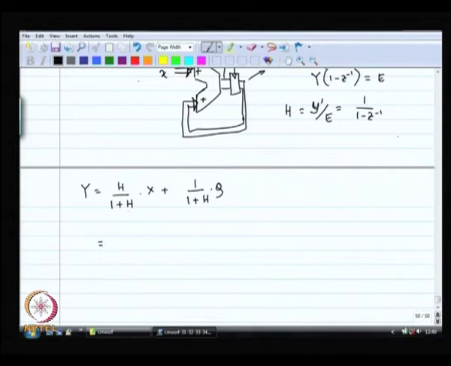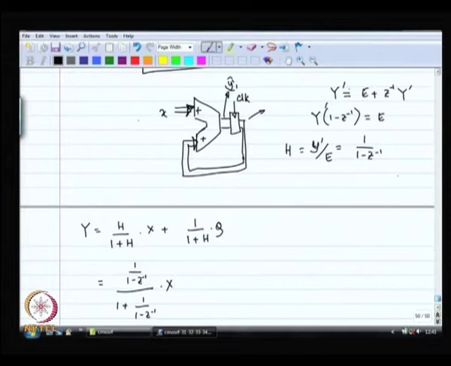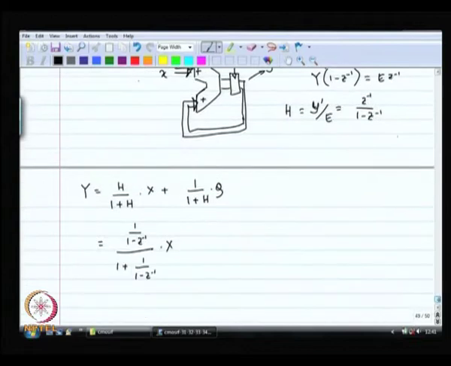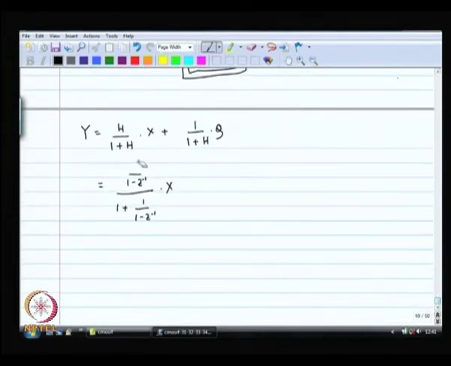So, that makes it okay. Let us say h is z inverse by 1 minus z inverse. I am going to do what suits me best.